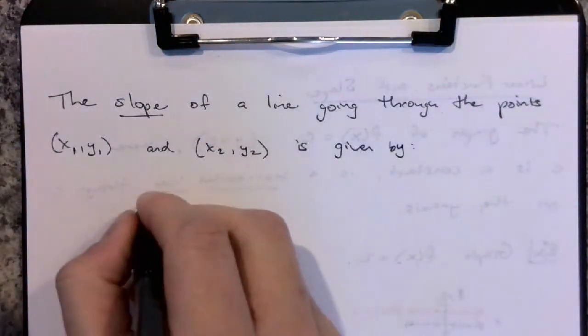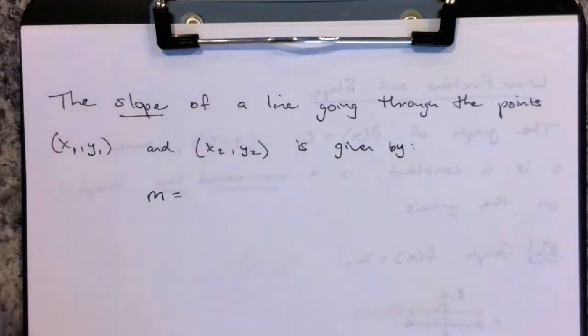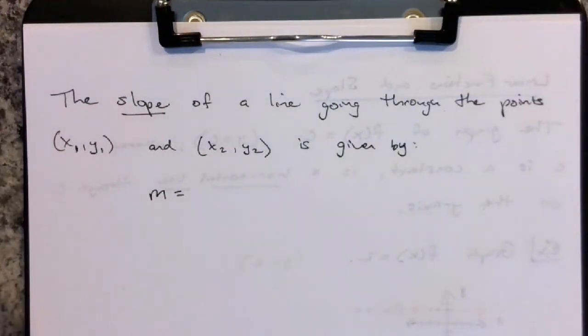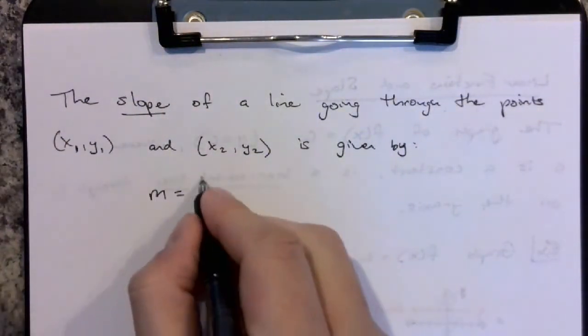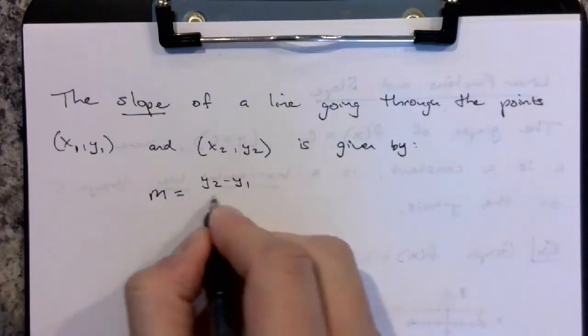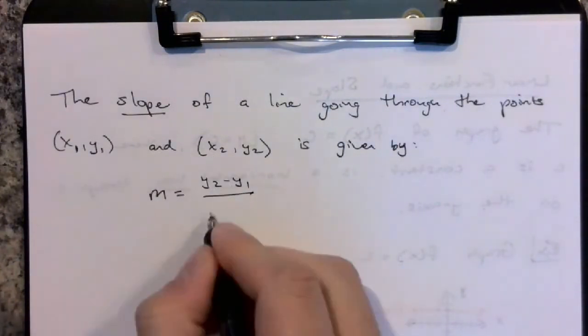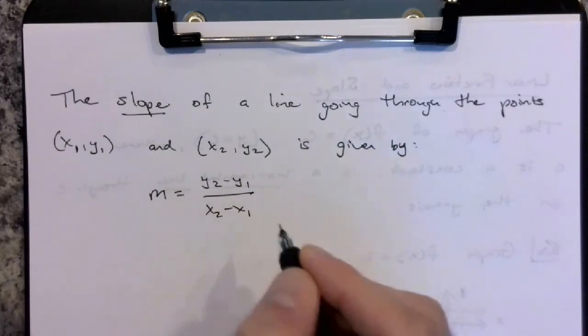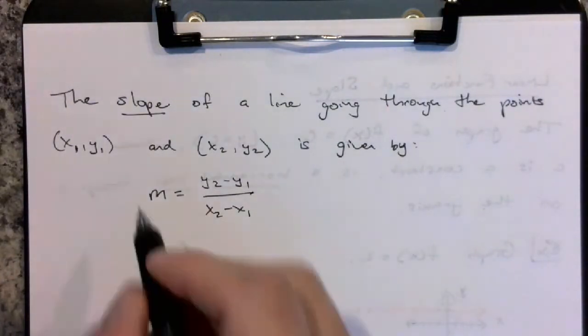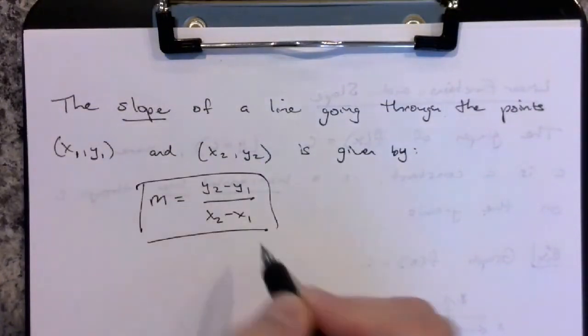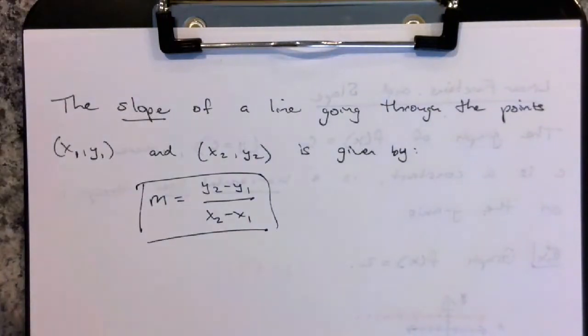The slope, the letter we use for it is m, and it's equal to y2 minus y1, the change in the y values, over x2 minus x1, the change in the x values. So that's our slope formula. You likely have seen it before.